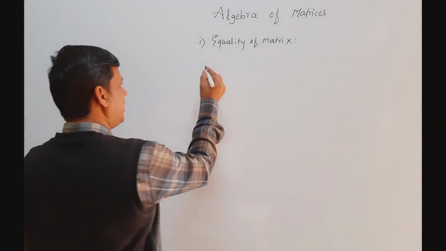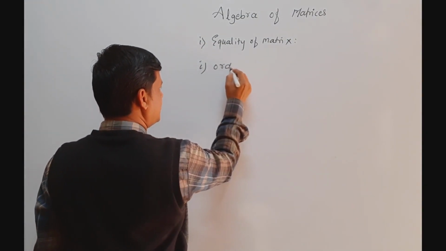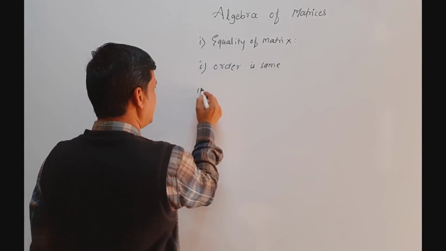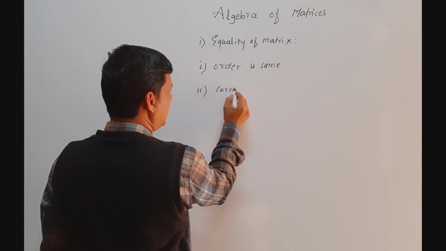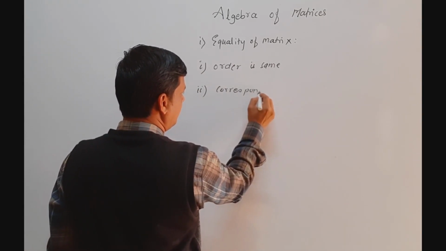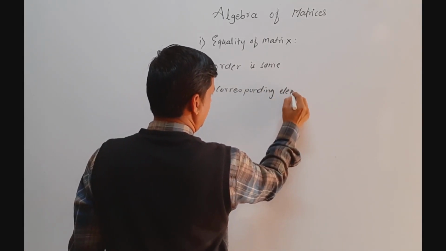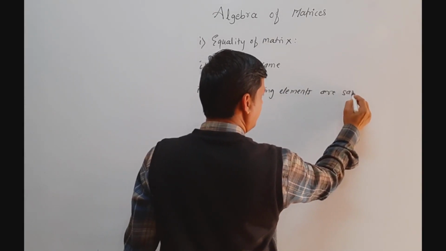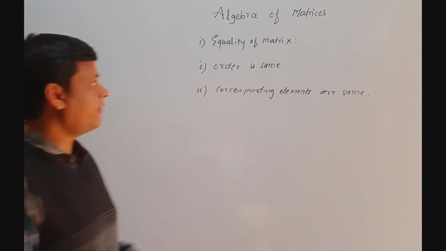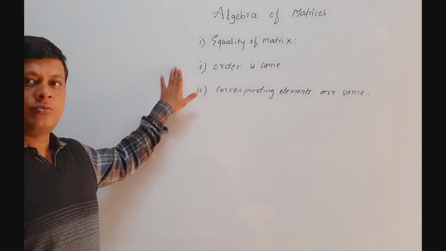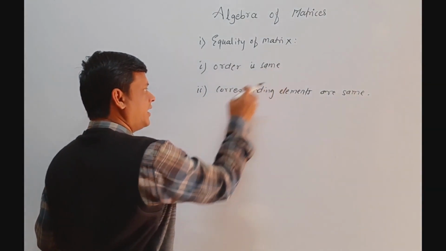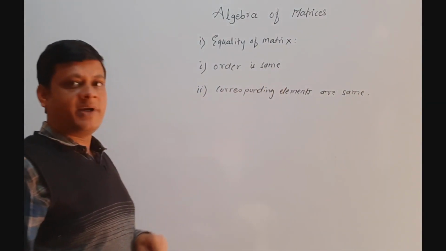So for equality, first their order must be the same, and second, corresponding elements are the same. So for equality of two matrices, they must be of the same order, and corresponding elements must be the same.